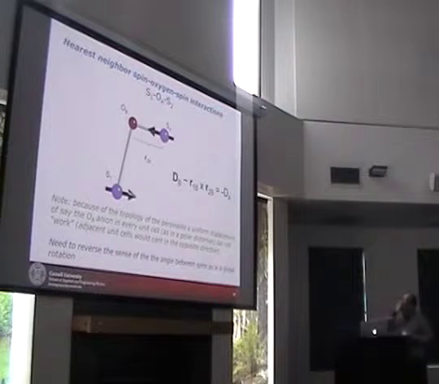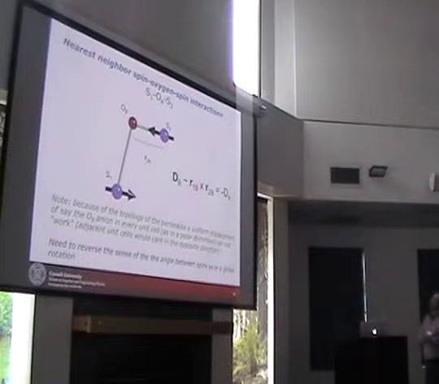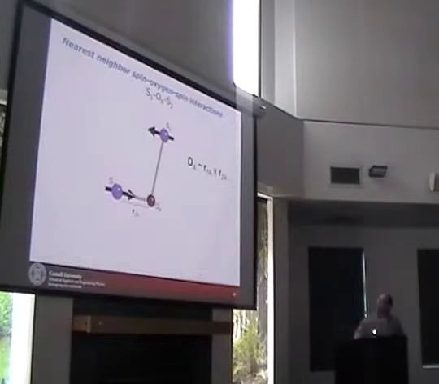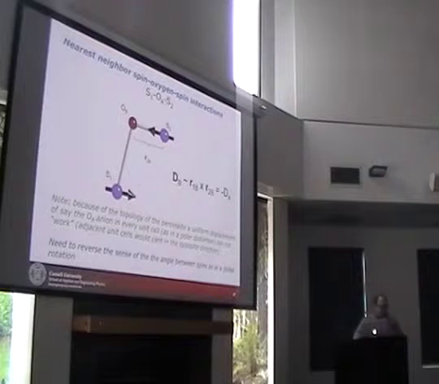The problem is that a polar distortion of a perovskite would never change the bonds like this. So imagine I have my perovskite, I have my spin on the B side of the perovskite, I'm interested in this interaction. A polar distortion would never change the bonds this way, it would never change the handedness.